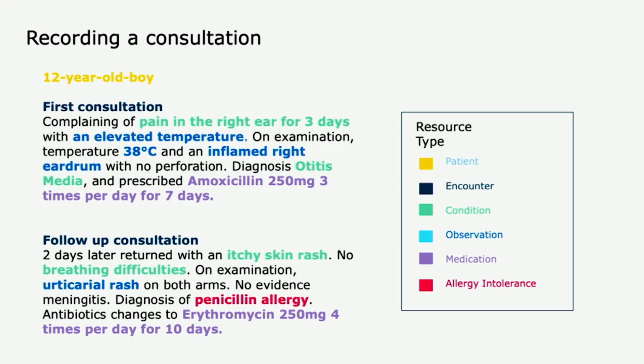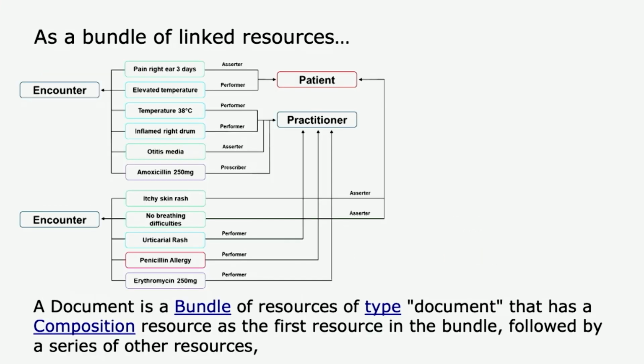So the colored text you see is what FHIR resource you would use to represent each of those data concepts in this document. So you're essentially replacing each of those data concepts with a FHIR resource that has the data elements that specify exactly what that instance is.